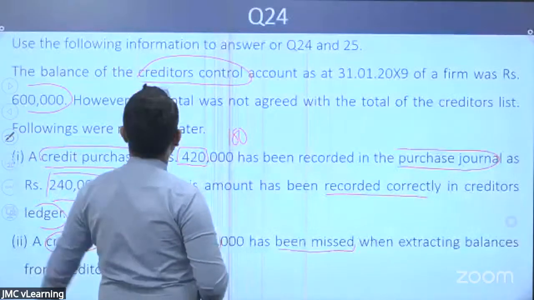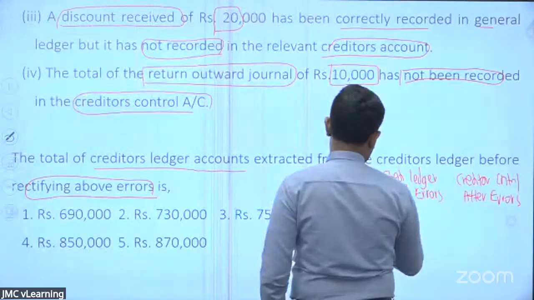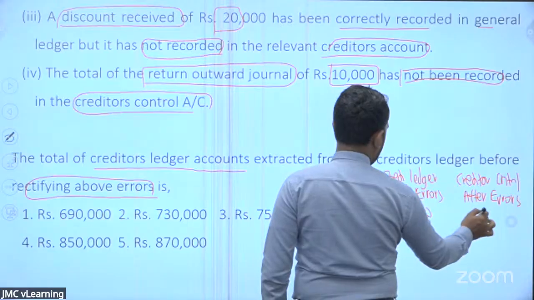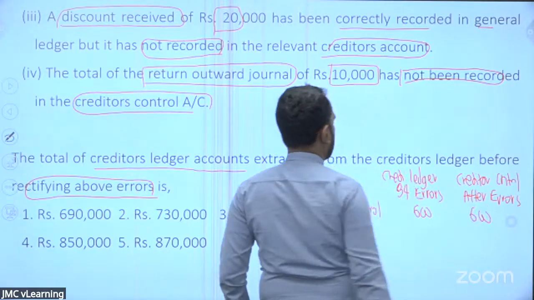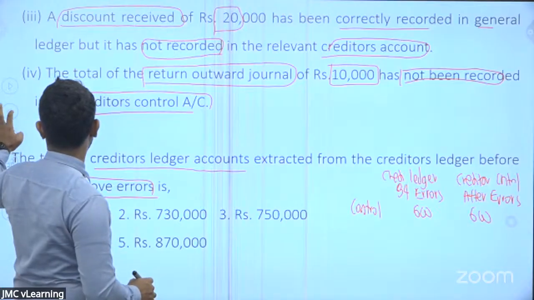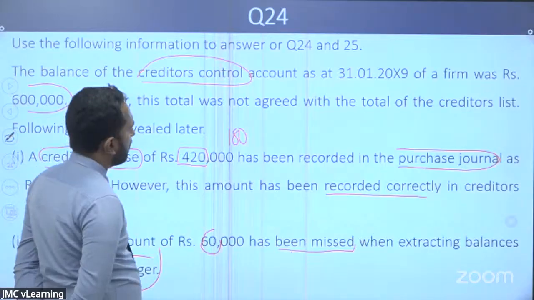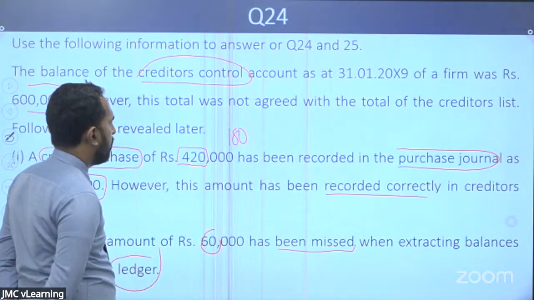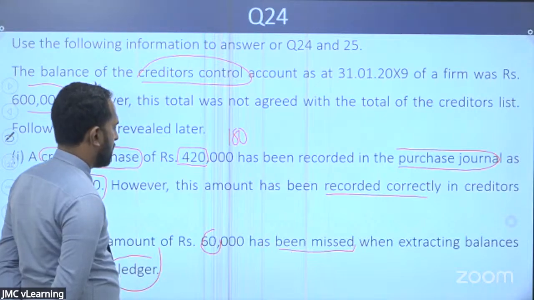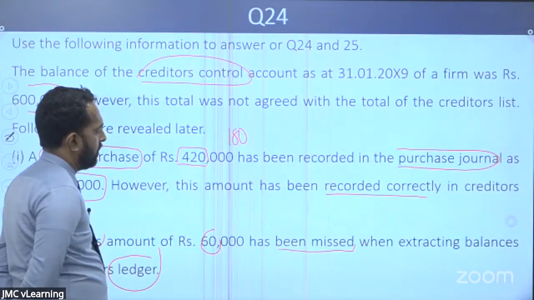And we will start with the control account balance of 600. First one: a credit purchase of 420 has been recorded in the purchase journal as 240. However, this was correctly recorded in the creditors ledger account.